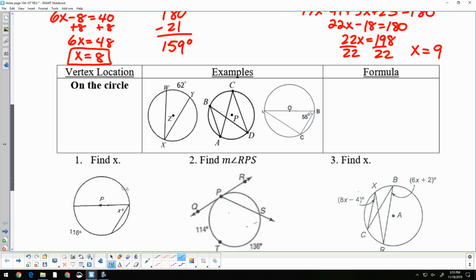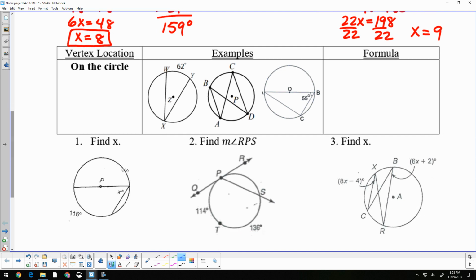So whenever I have an angle like this, so anytime the vertex is on the circle, okay? So what happens, we have this angle here, the vertex of this angle is x, so that's on the circle. So what happens is the angle is half the arc.